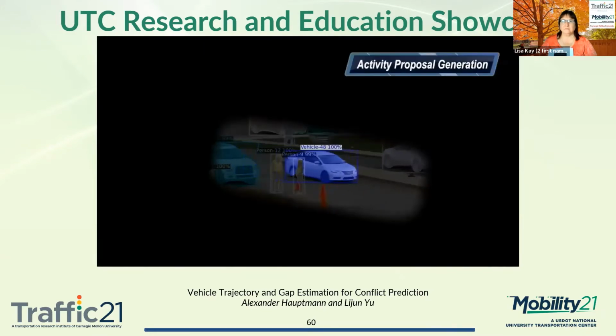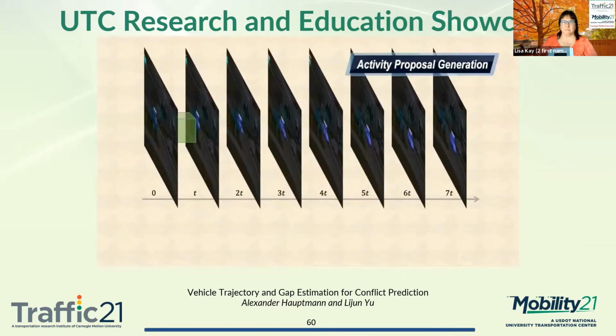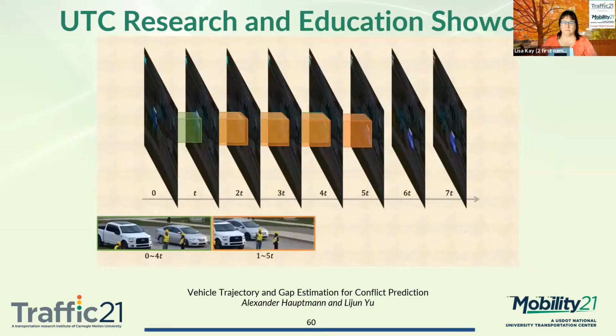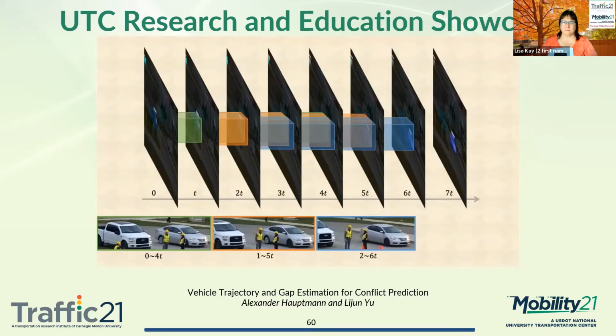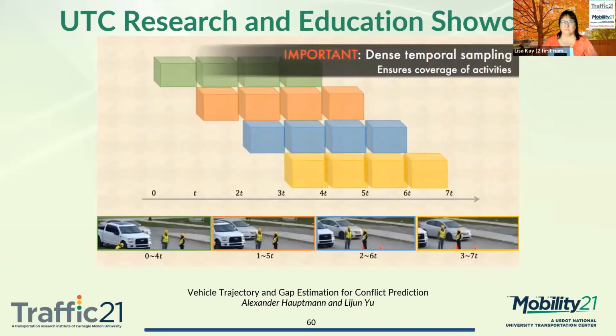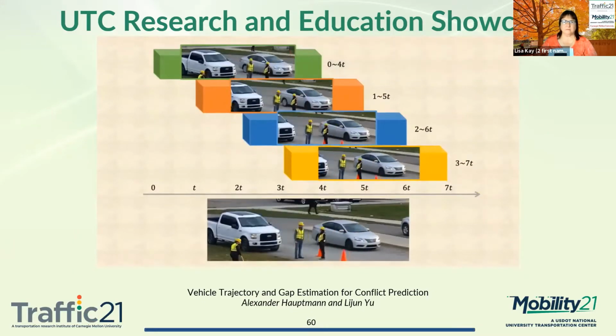Then for each identified moving object, we generate activity proposals, which are spatial temporal regions of interest. We leverage a format of dense overlapping spatial temporal cubes as our proposals. Here we can see the proposals are oversampled in the temporal axis to ensure coverage of activities and completeness of detection.